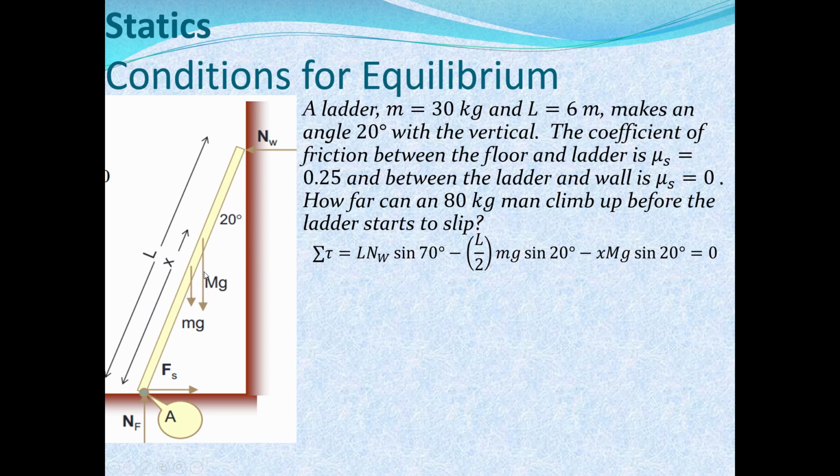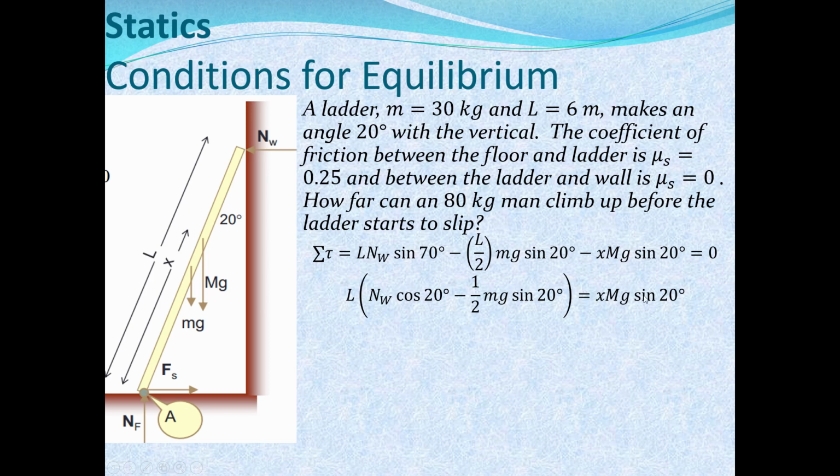These two forces are vertical, so they're also going to be sine 20. This one's horizontal, so it's going to be the other one, the complementary angle, sine 70. So I move things around, but we have an issue. I have two unknowns. I do not know what the force from the wall is, and I don't know the location of the man. All right, no problem.